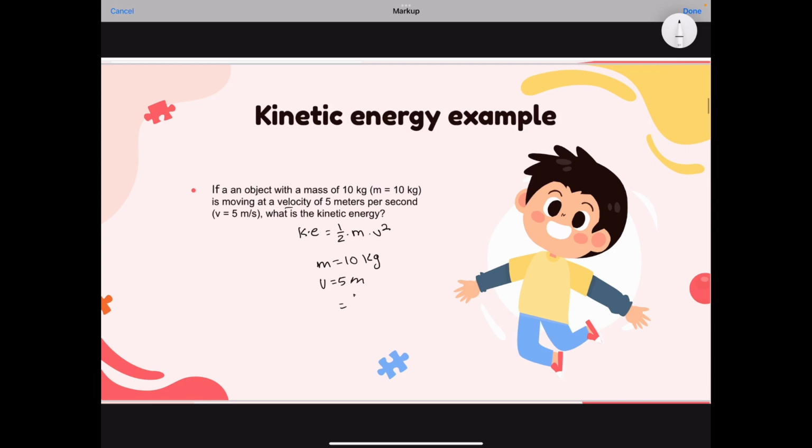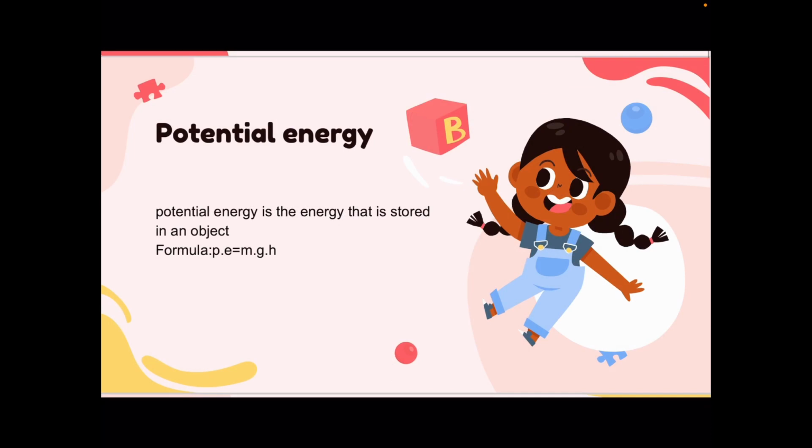So half times 10 times 5 squared. Don't forget the exponent. This is equal to 125 joules.